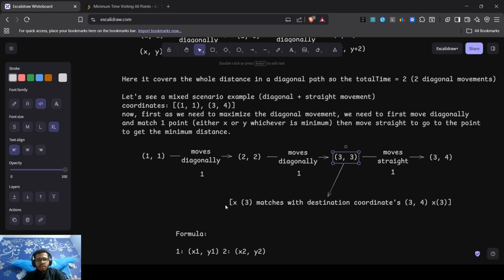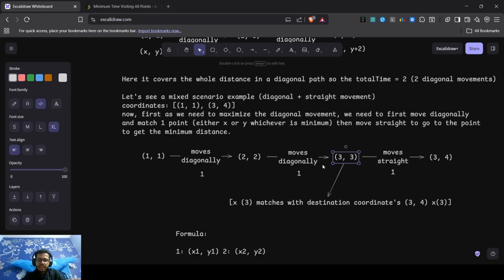So the x here is 3, which matches the destination coordinate 3 comma 4's x, which is also 3. The both x's match. Then we need to consider a straight movement.